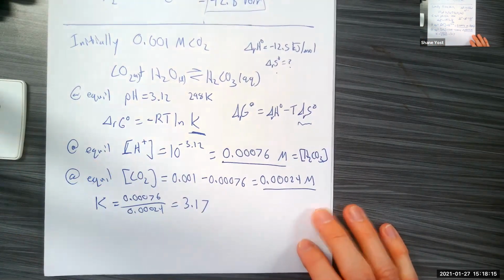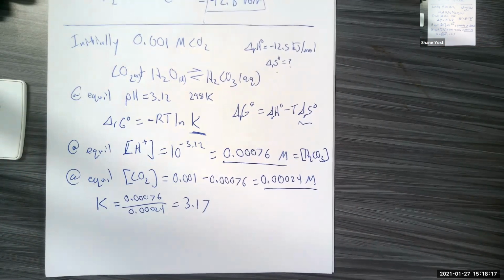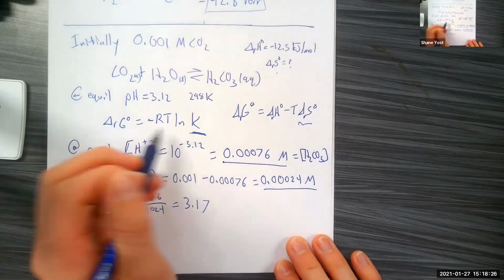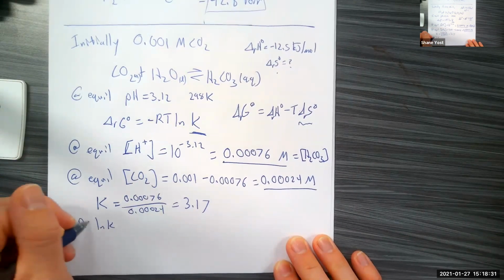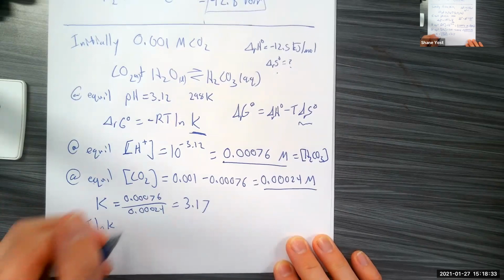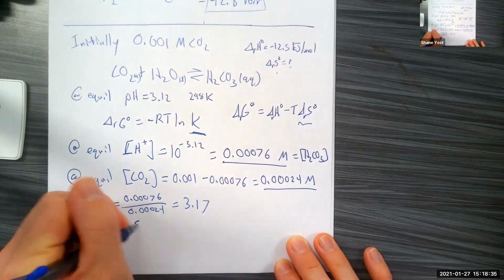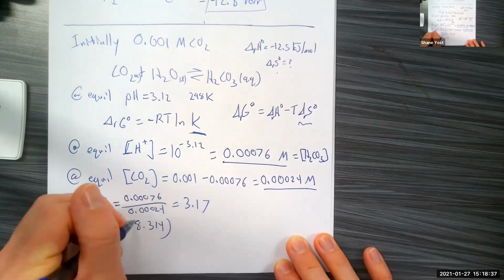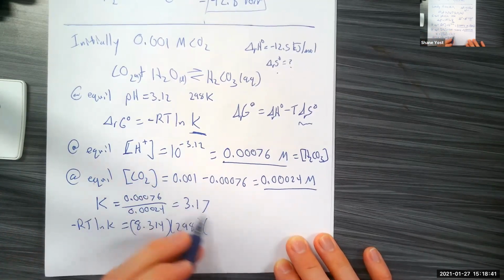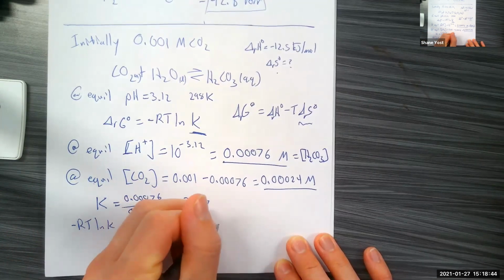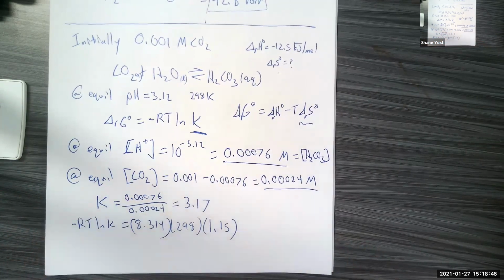Plugging that in up here, I'm almost out of time, but then minus RT ln K is going to equal 8.314 times 298 times the natural log of 3.17, which ends up being 1.15.